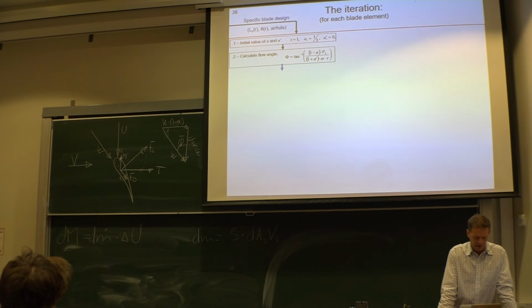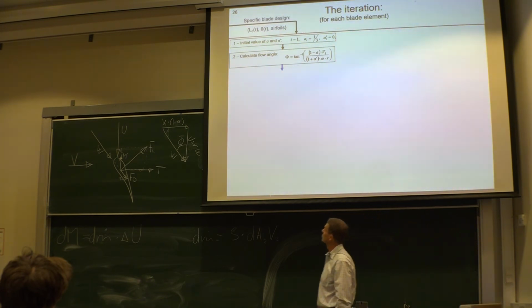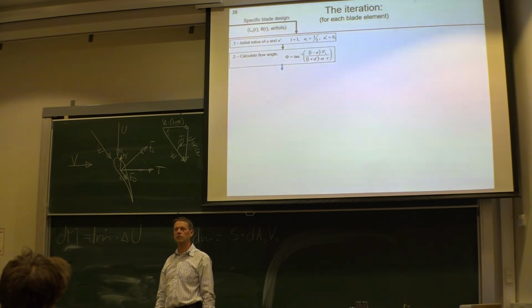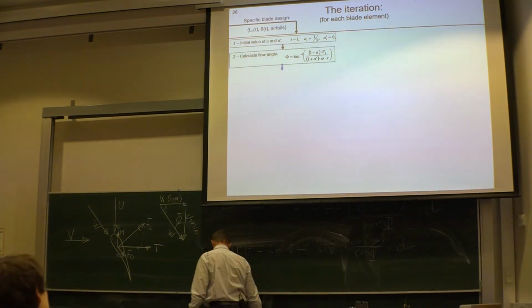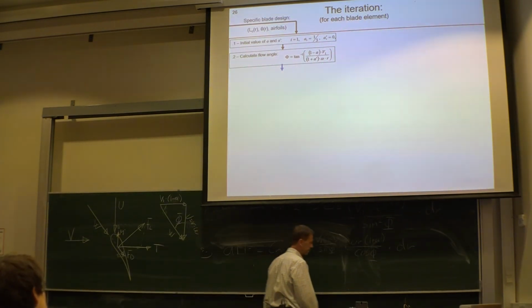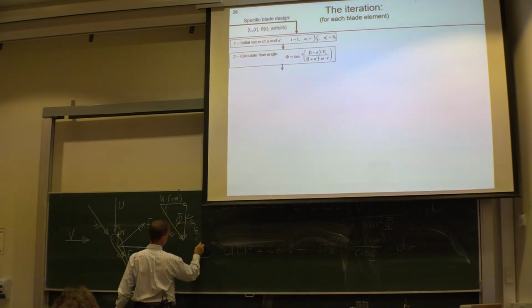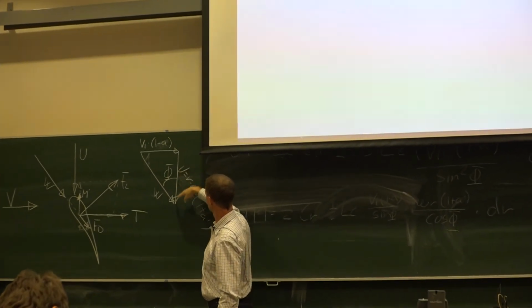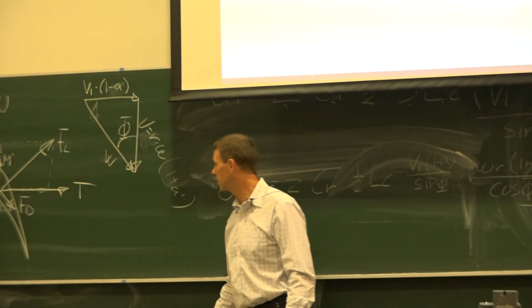And then you calculate the flow angle, because now since you have chosen the a and a prime induction factors, you can actually calculate the velocities in the velocity triangle. So we have chosen those two. That means you can calculate all components in the triangle and then find that angle.